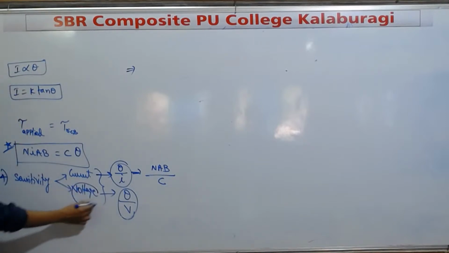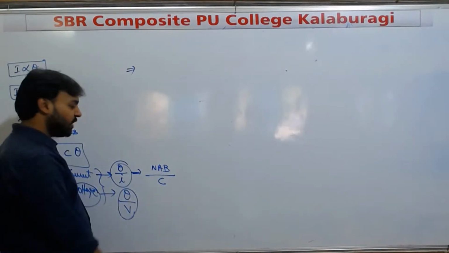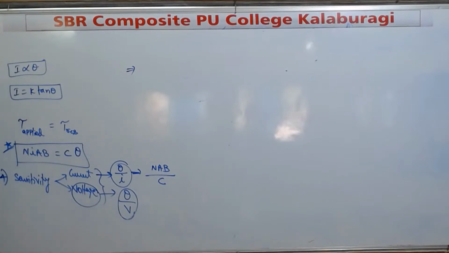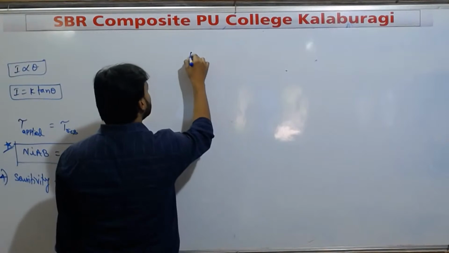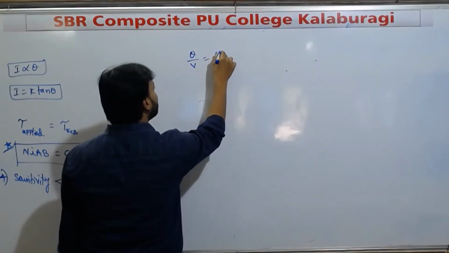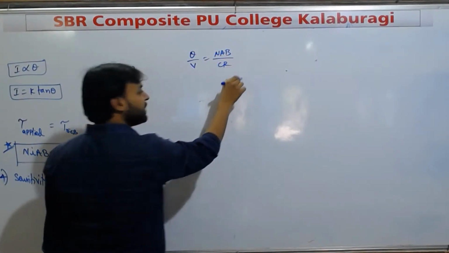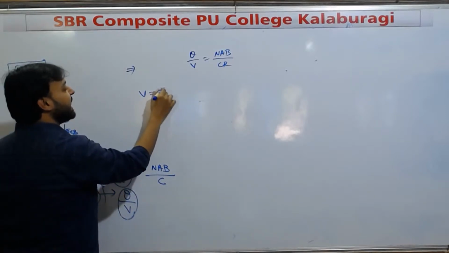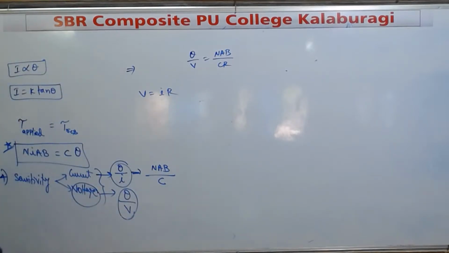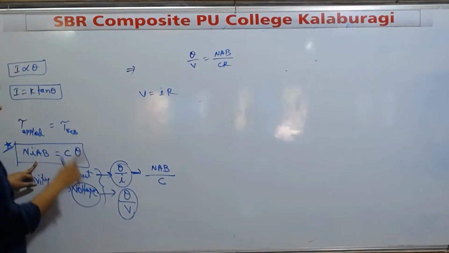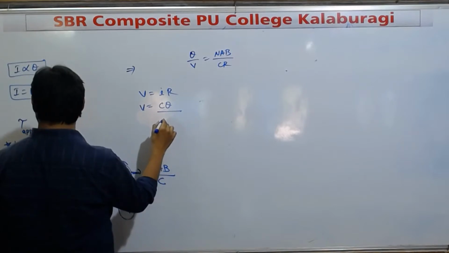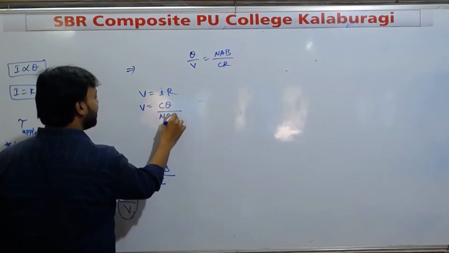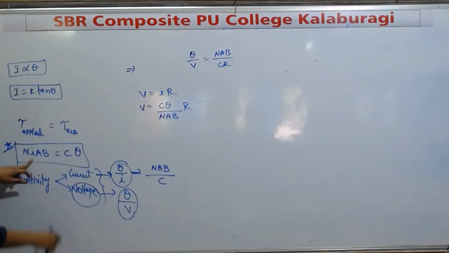Now, voltage sensitivity, tell me how much you have to calculate. Theta by V equals NAB divided by C. How did we get it? V equals IR. We already know I from here. Substitute. So V, which equals IR, is nothing but C theta divided by NAB into R. I just substituted the I value from this.